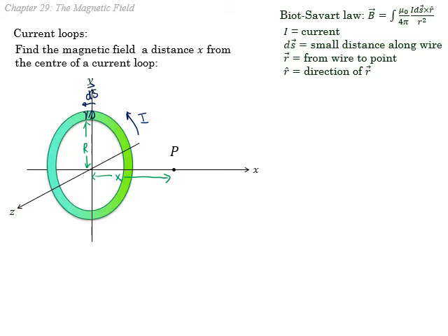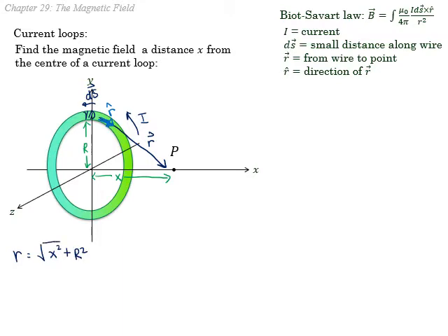So we know in our Biot-Savart law we have to use r, where r is the vector from our ds to our point P. So let's draw that vector in. So there's our vector r. R hat is the unit vector that points in that direction. So let's draw in our r hat. And let's see what we can find from here. The magnitude of r is the square root of x squared plus r squared.